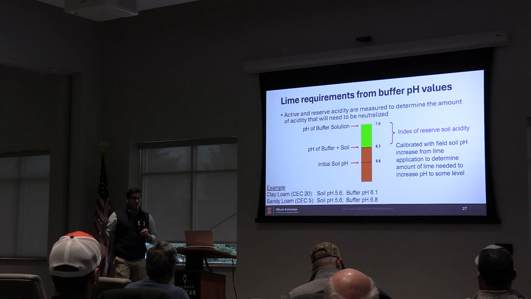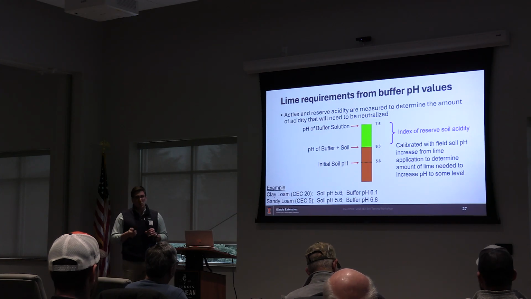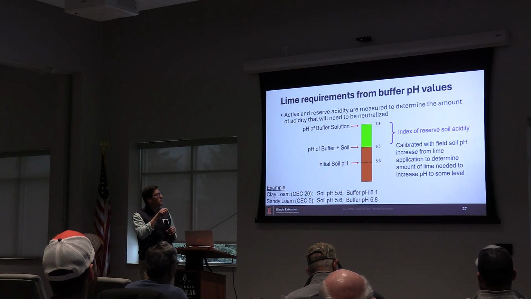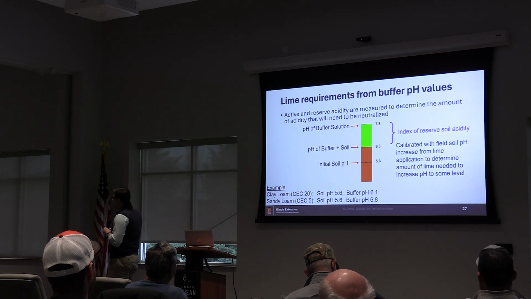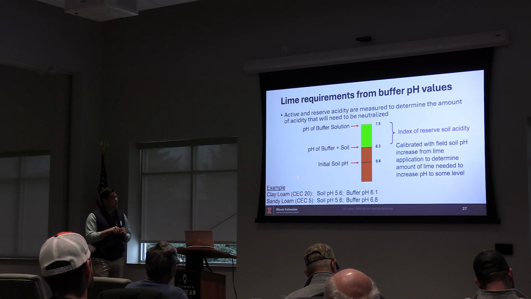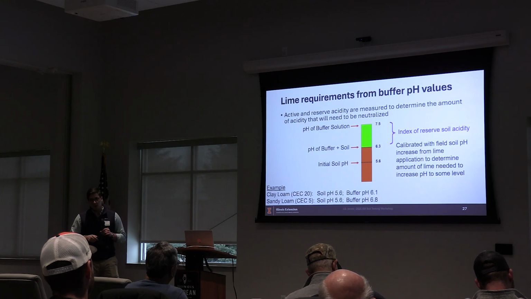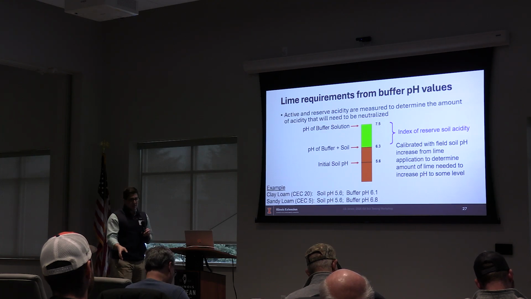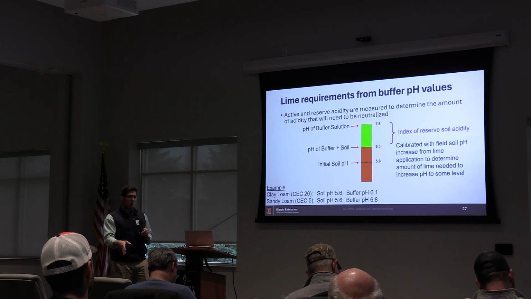And so that's where buffer pH comes into consideration, and that's really why liming is probably the most successful story of variable rate technology. Because a buffer pH test in the lab essentially takes your soil, adds a solution that has a very high pH, and sees how the soil and the solution react with each other. So you're getting an exact result of what that soil is going to react to, we'll say, a liming material.